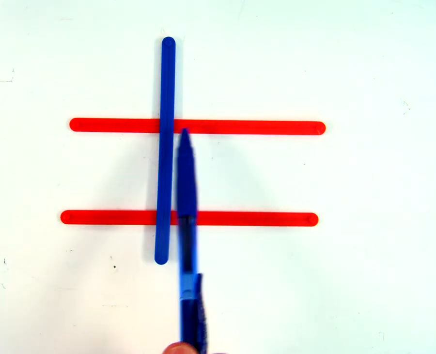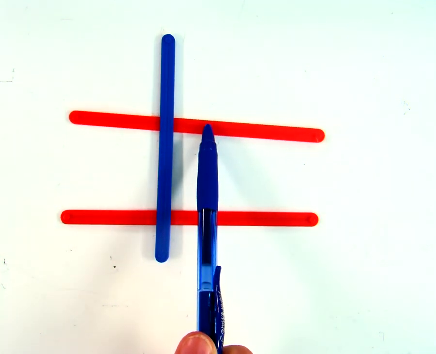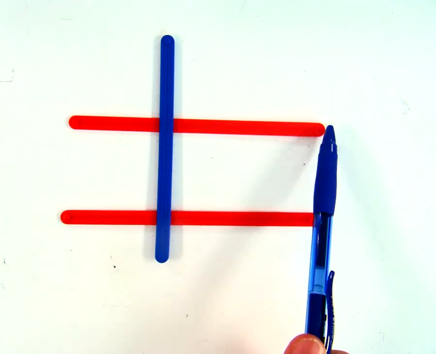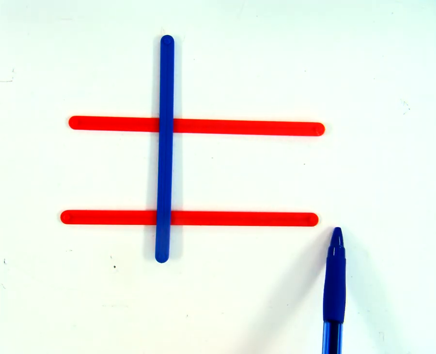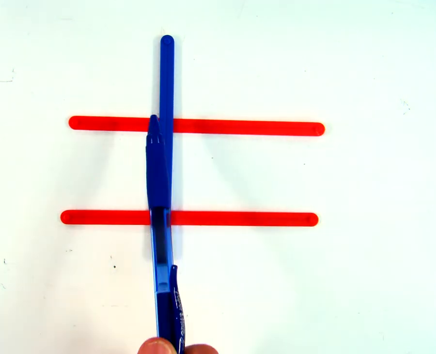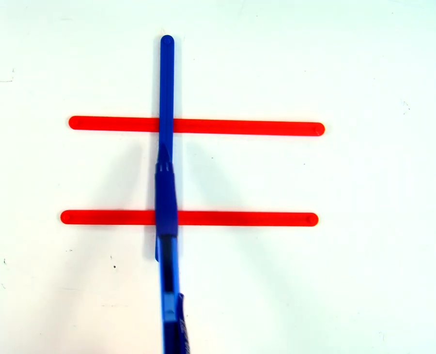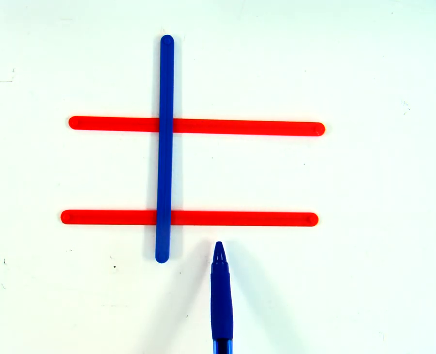The blue is perpendicular to the top red one. But I know that the red one and the red one are parallel. So the blue and the top one are perpendicular. The 2 reds are parallel. What does that mean about the blue and the bottom red? You're right. It means that they are also perpendicular. How would I get that?